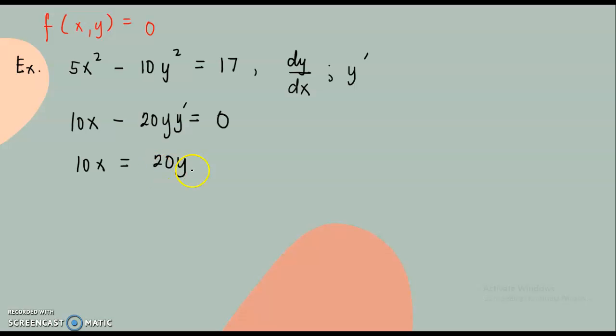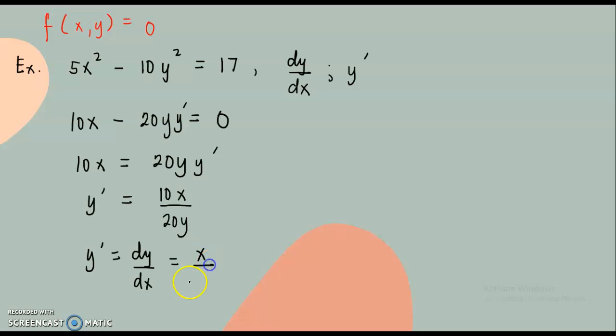Therefore, that becomes positive 20y y prime, where y prime or dy over dx is equal to 10x over 20y. Then 10 and 20, therefore y prime, the derivative of y with respect to x, is equal to x over 2y.